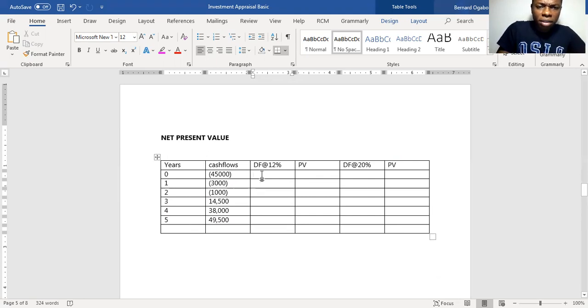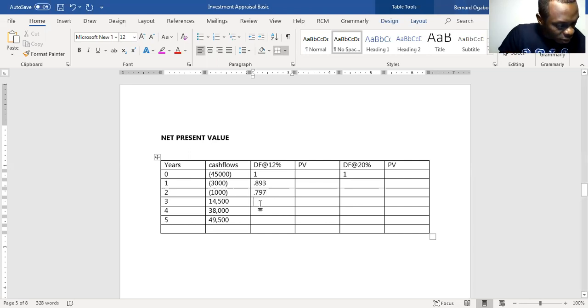12%: the discount factor at year 0 is always 1, irrespective of the rate that is used. So for year 1, I have 0.893. Year 2, I have 0.797.